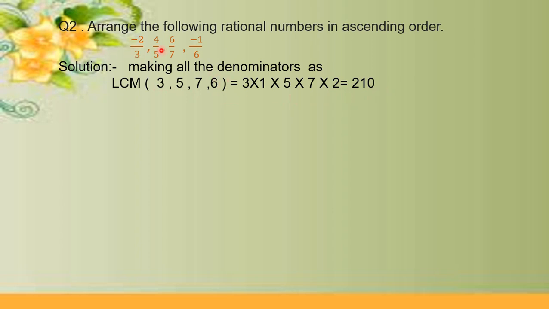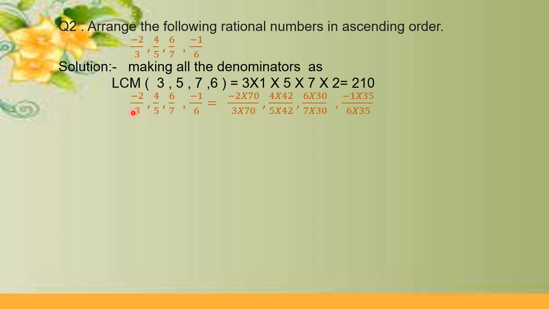So the denominators of all the rational numbers we have to convert to 210. So by multiplying by 70 in the first, 42 upon 42 in the second rational number, 30 upon 30 multiplied with the third rational number 6 by 7, and 35 upon 35 multiplied by the last rational number minus 1 by 6.